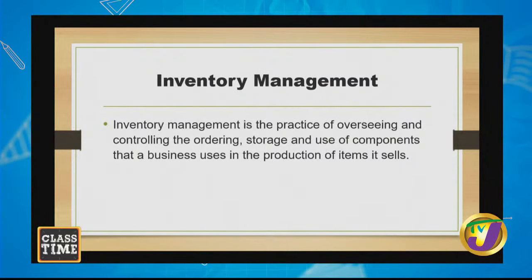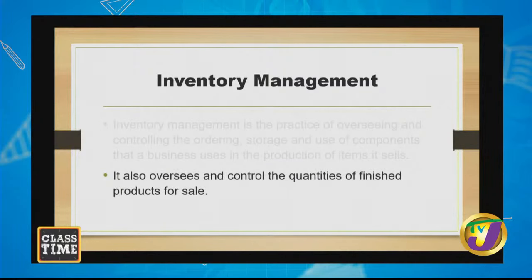Now, inventory management is a practice of overseeing and controlling the ordering, storage, and use of components that a business uses in the production of items it sells. All right, and we covered that earlier. Now, it also oversees and controls the quantities of finished products for sale.